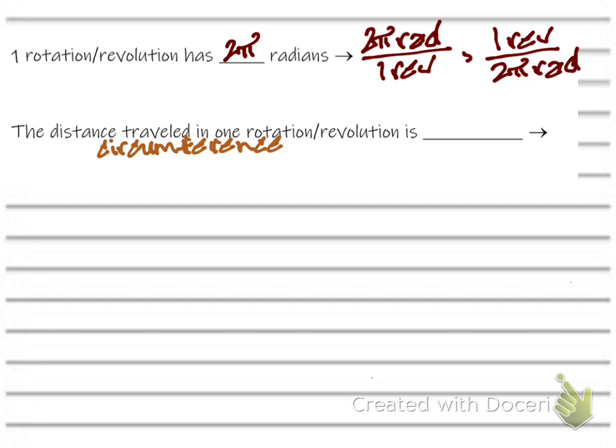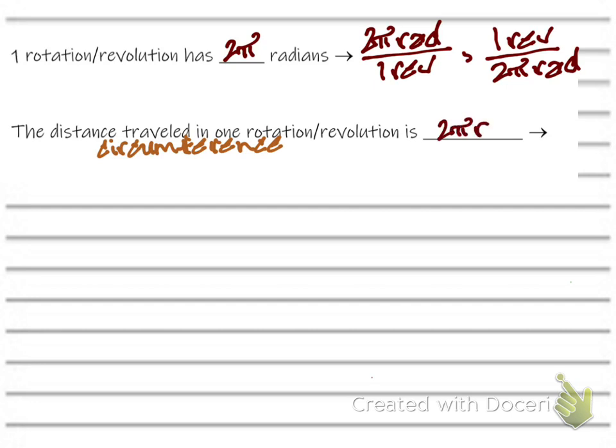Also notice that we're using rotation and revolution interchangeably. It's the same thing. Okay, so the angle traveled in one rotation is 2 pi radians, right? The distance traveled is the circumference, which is 2 pi r.